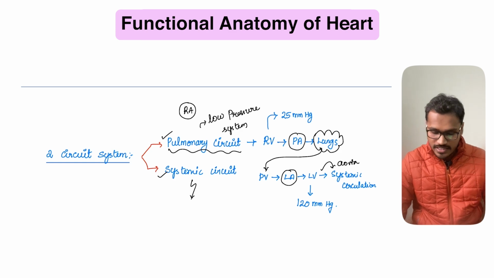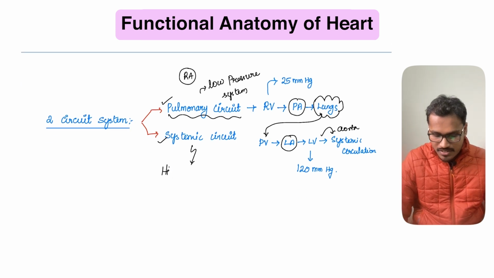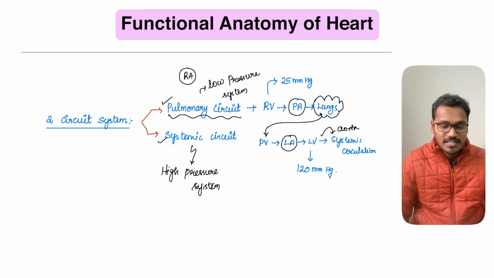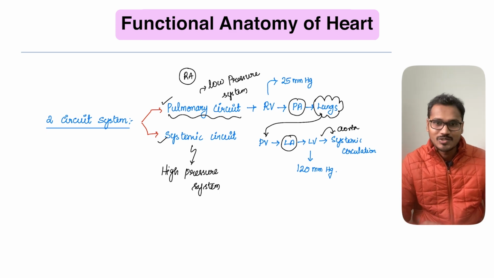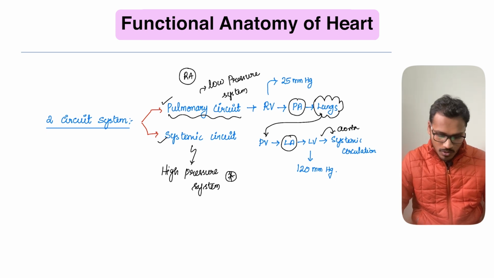So obviously it is a high pressure system. Basically the left ventricle has to work harder. Is there any benefit or disadvantage to it? We will see in the coming series. These are the two circuit systems we have in our body.